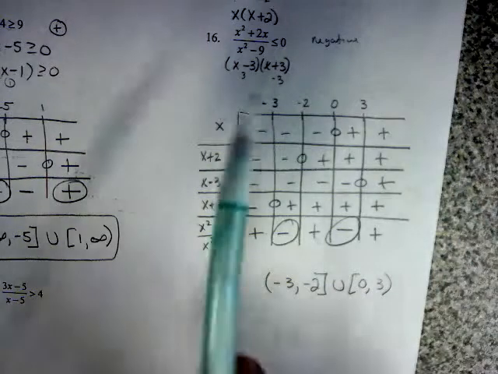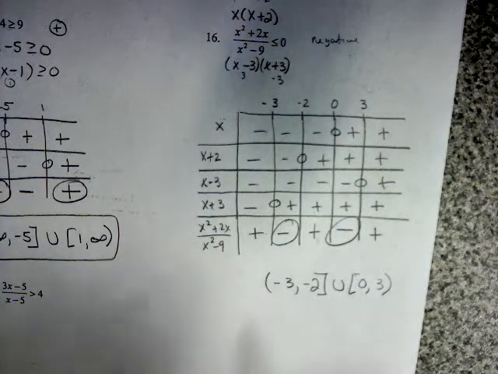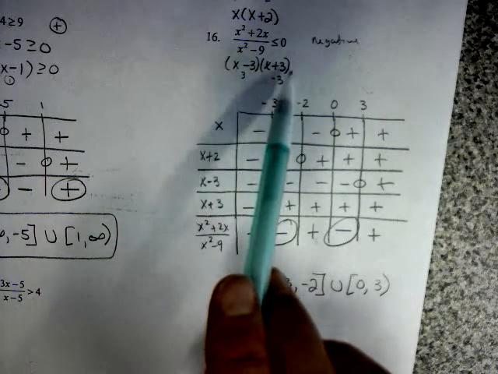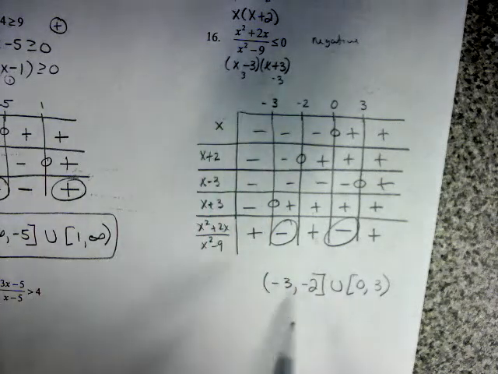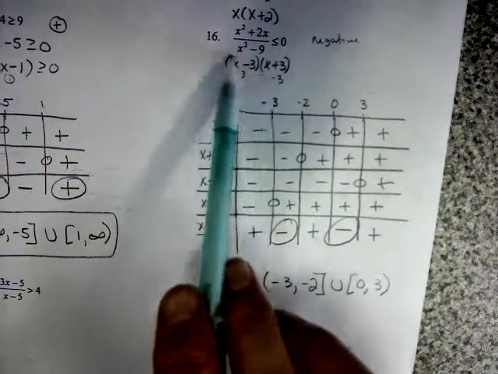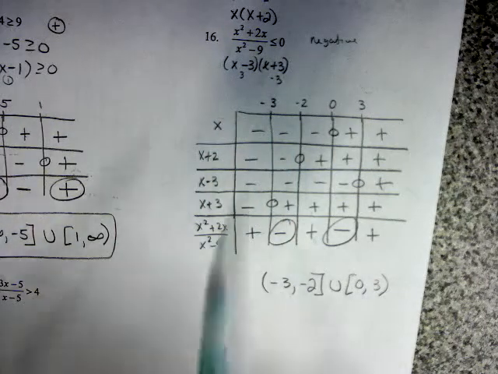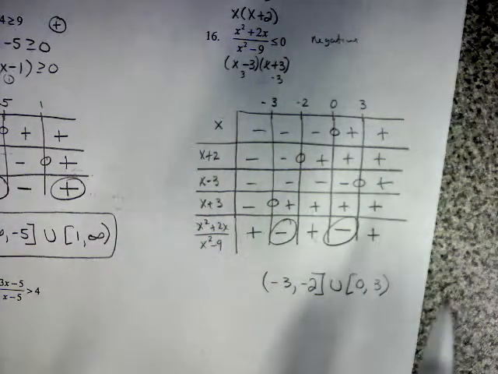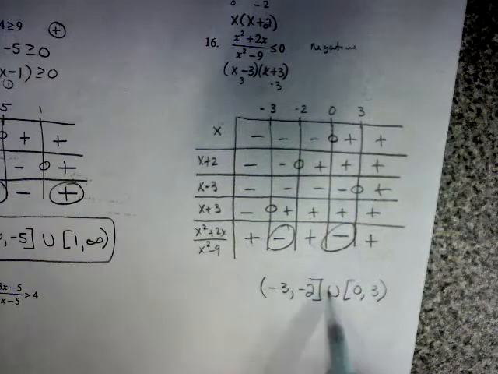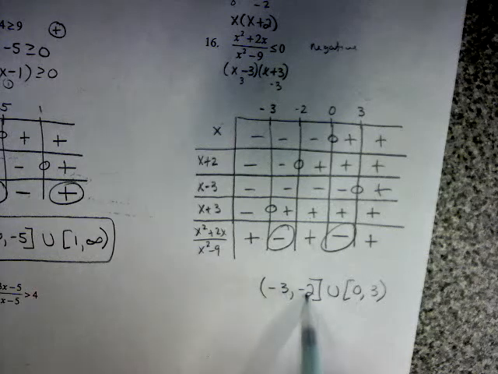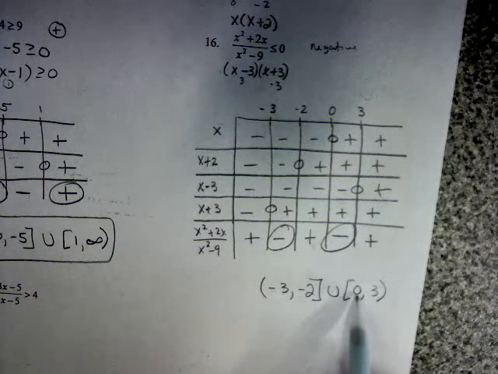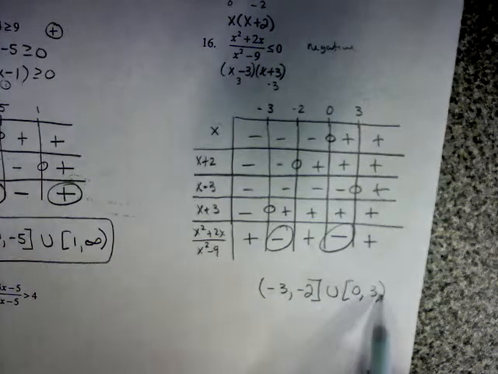Well, I forgot to mention that the 3 and the negative 3 cannot be included because 3 and negative 3 are the zeros for the denominator, and we can never have 0 in the denominator, so they are not included. The negative 3 and the 3 are not included because of the restrictions from our domain. In our domain, we cannot have x equaling 3 or negative 3. So our solution is the interval between negative 3 and negative 2, including negative 2 but not including negative 3, union 0, including 0 but not including 3.